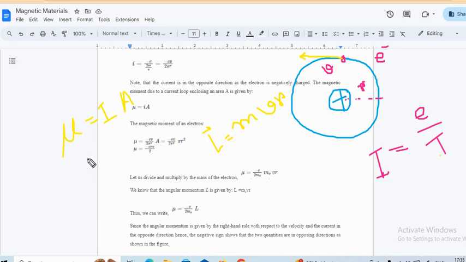After simplification, mu is equal to e L divided by twice the mass of the electron. Obviously there will be a negative sign because of the charge of the electron. Remember the angular momentum is a vector quantity and the others are constants, so mu, known as the magnetic moment or magnetic dipole moment, is also a vector. L is along this direction, so mu has a direction something like this.